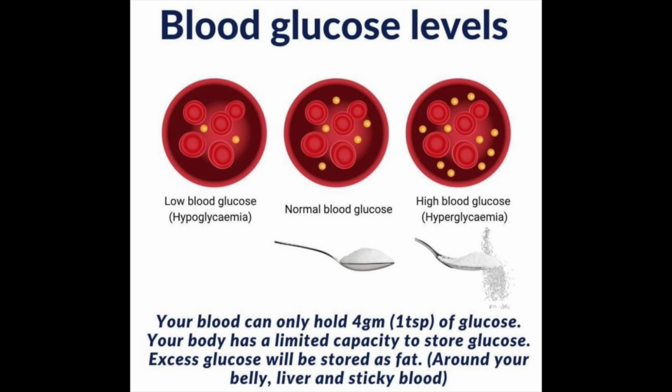What's very dangerous about developing type 2 diabetes is what happens with the fat and sugar that keeps staying in your bloodstream. Your liver does not want that fat and sugar to stay in your bloodstream, so it starts storing it in your liver. As it stays there longer, that sugar turns into fat.